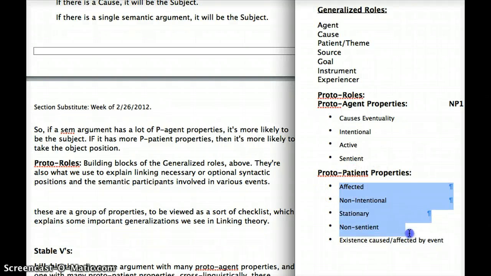Whereas if there's a second argument which doesn't have as many of these and has more proto-patient properties, or perhaps in some cases just has significantly fewer proto-agent properties, then that's going to be in the direct object position.